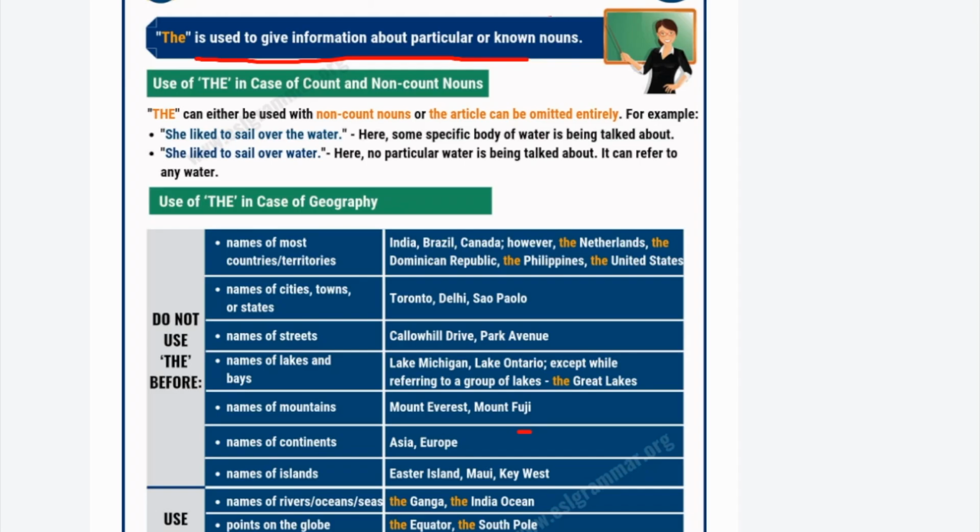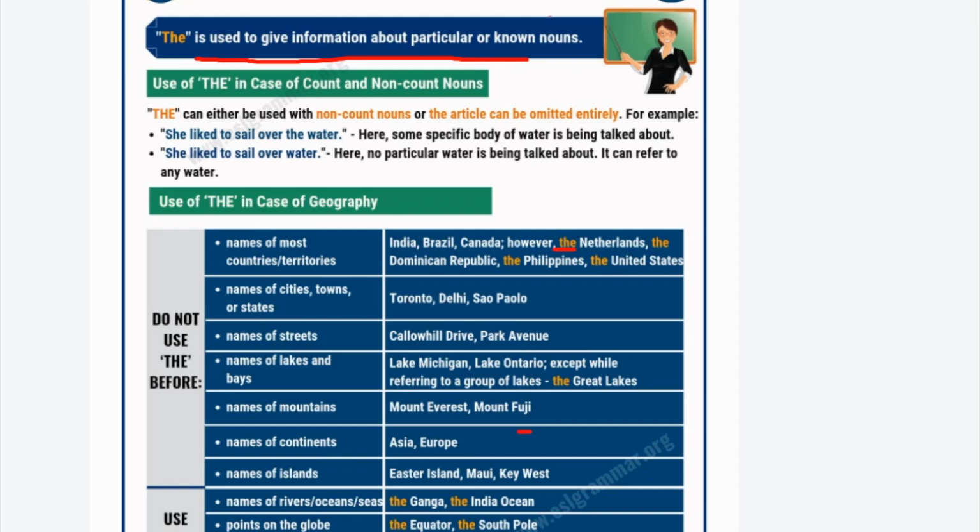We don't use any article at all before the names of most countries and territories: India, Brazil, Canada, Ukraine, Germany, France, and others. But we use the article the before the names of countries that are plural. For example, the Netherlands, the Dominican Republic, the Philippines, the United States, the United Kingdom.